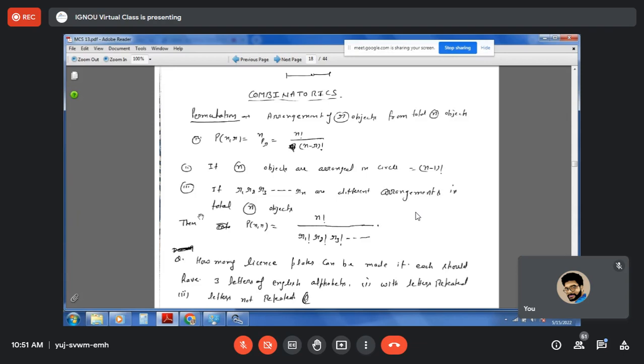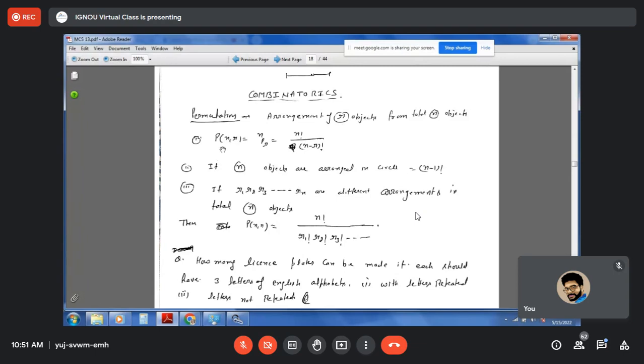First, there are a few important formulas based on the permutations. Arrangement of R objects from the total N objects, R is less than N. If there are 10 students in a class and we have to arrange 4 students, R is equal to 4, N is equal to 10.